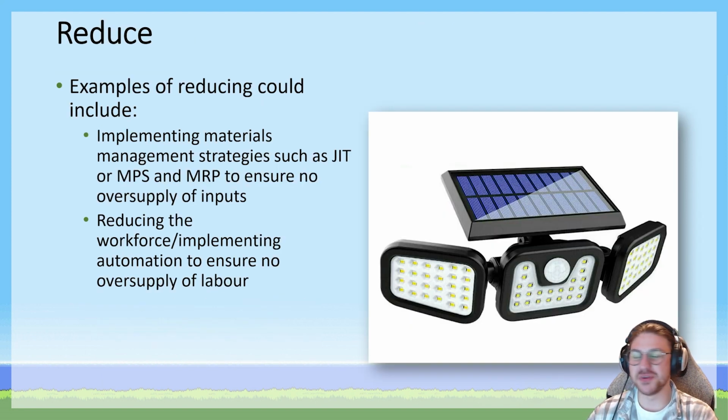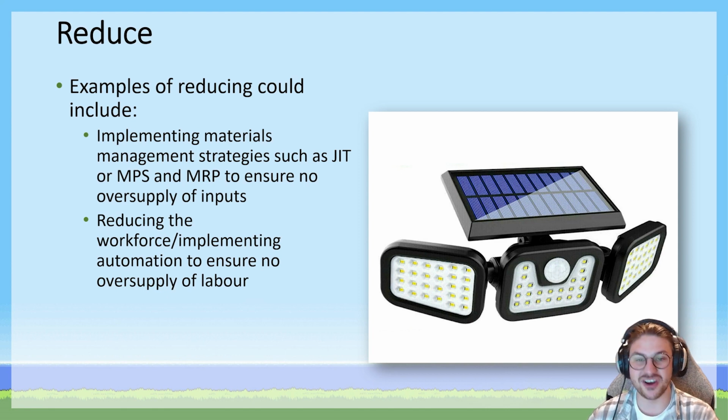Let me give you some examples of how reducing might take place in a business. One simple thing we can look at is implementation of technology. If you implement technology to reduce the amount of workforce you require, if you implement automation in your production line, that will save financial resources that are spent on wages.